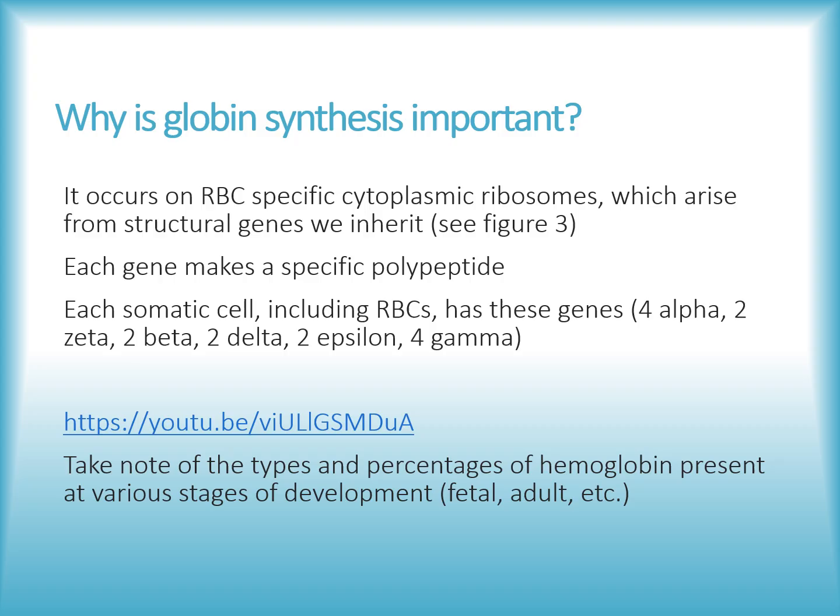So really know your fetal development, your types of early hemoglobin, and how those transition from embryonic stages into adulthood. It's really important to know those because as we get into more detailed hematological diseases, we might have to understand how globin chain abnormalities cause those to occur.